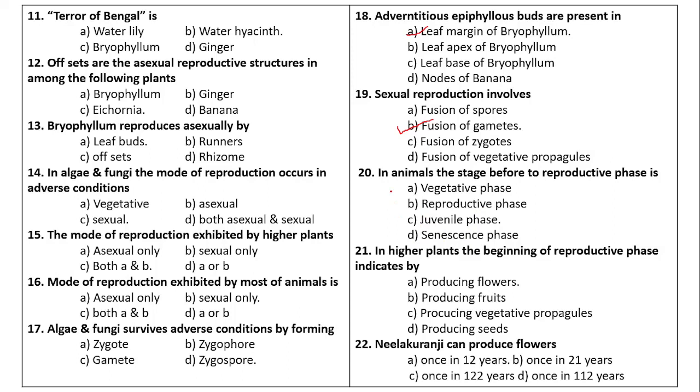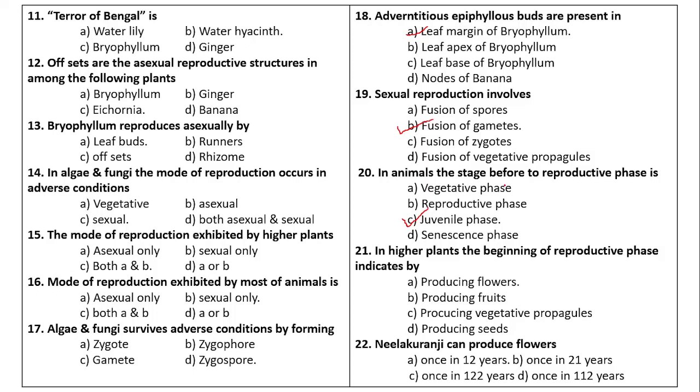See here, in case of plants you can call it the vegetative phase, but they are asking about animals. In plants option A is correct, but in animals option A will not hold good. In case of animals, option C is the proper one, that is, juvenile phase.